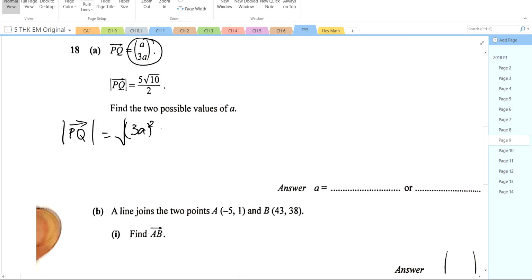Then plus a square. Okay, so this gives me a square root of 9a square plus a square will be 10a square, which is square root of 10 a. Okay so far?